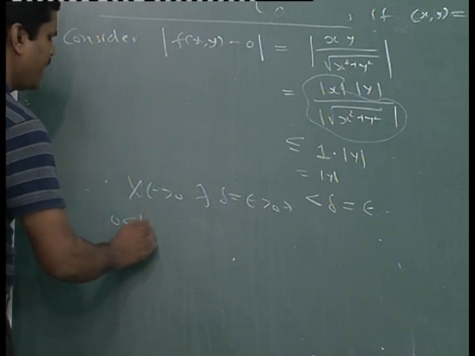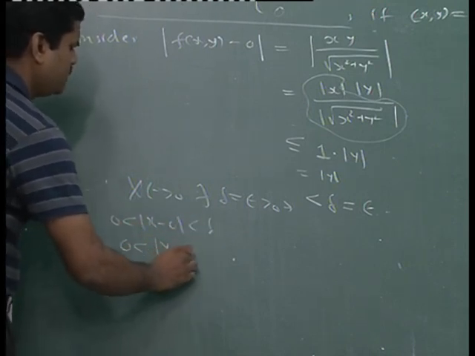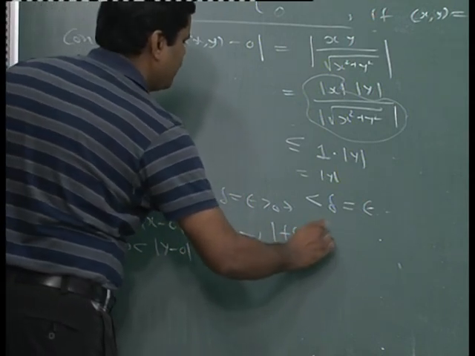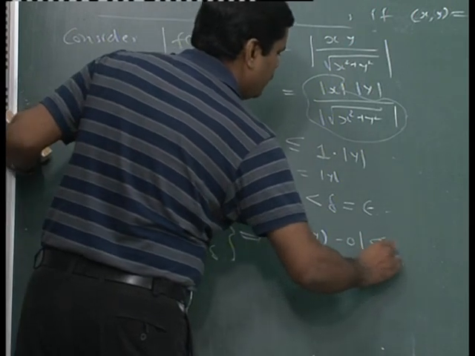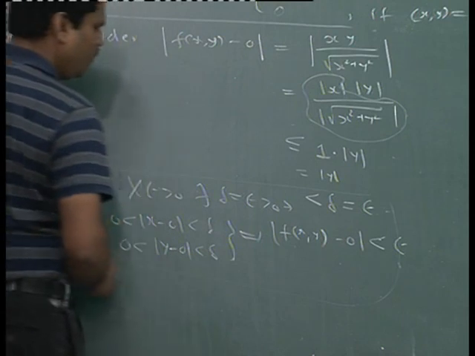Okay. So, this says, for every epsilon, if you take delta equal to epsilon, then we can always have 0 less than mod of x minus 0 less than delta, 0 less than mod of y minus 0 less than delta implies mod of f(x, y) minus L, what is L? 0, is less than epsilon. So, I have proved this condition. What does it say?